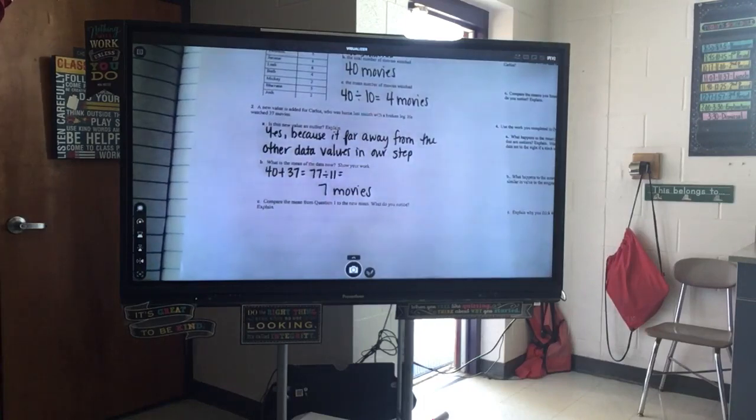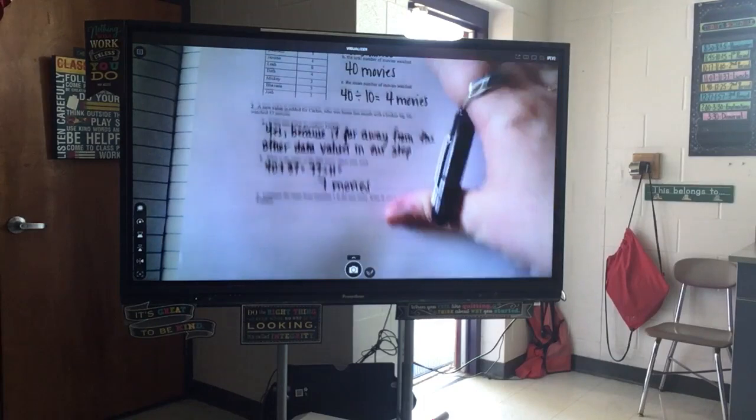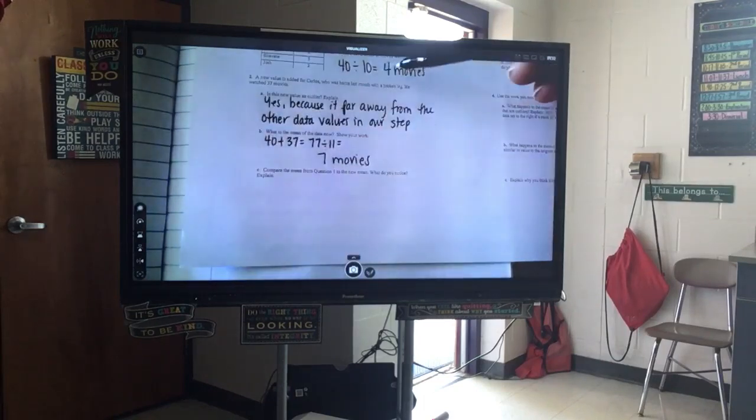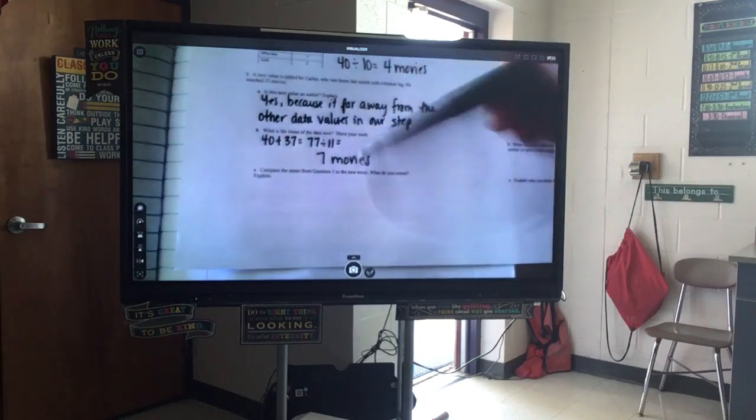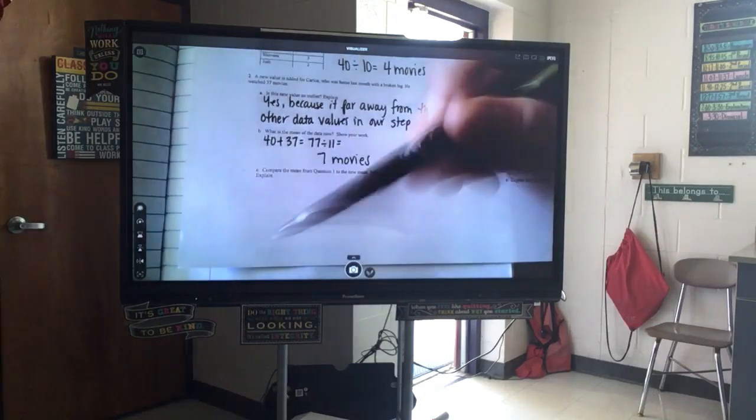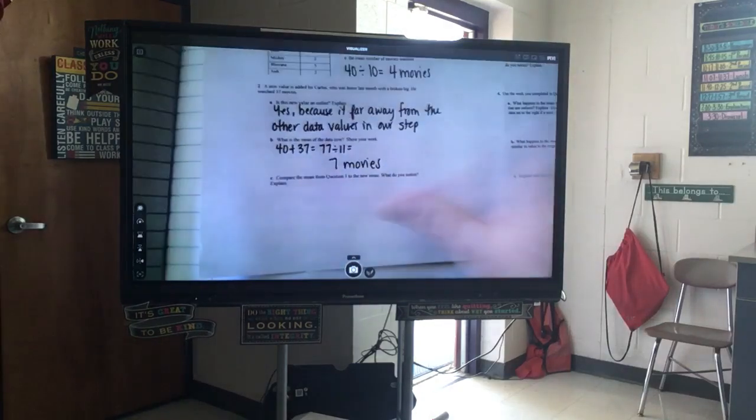What do you notice? So, looking at this mean of 4 movies compared to the new mean, what do you notice? Go ahead and just write it down, and then we'll talk about it. I'll give you like a minute and a half, 2 minutes. Stand up when you're done.